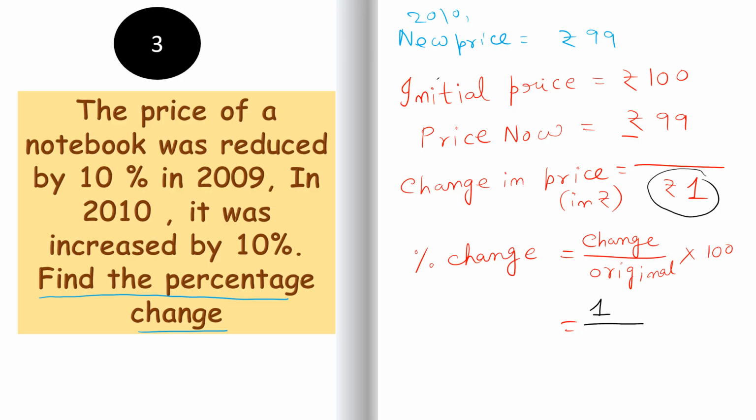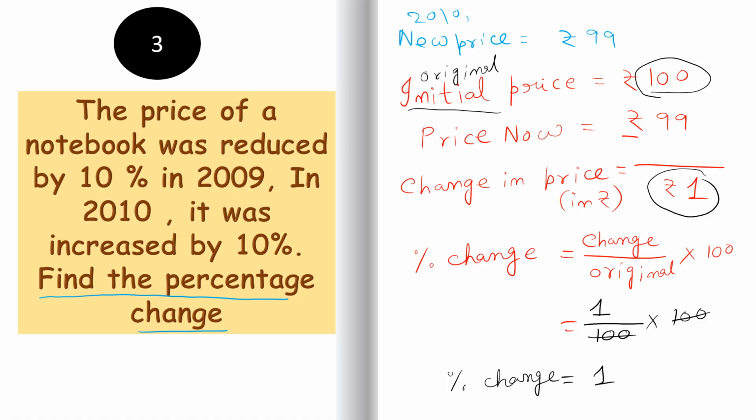By what is original? Original price means the initial price. Original price was taken as 100 at the very beginning of the numerical. So in the original price, we'll write 100, multiply 100. So your percentage change is 1. Since this is the percentage change, we will give the answer in percent. So it is 1%. This is your answer. Find the percentage change, it is 1%.